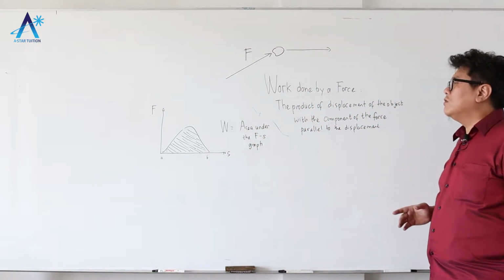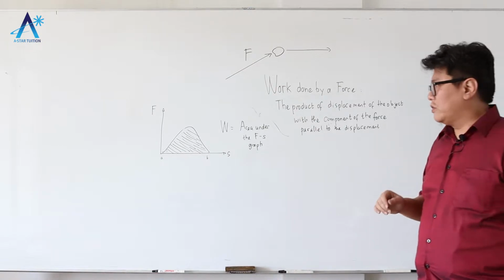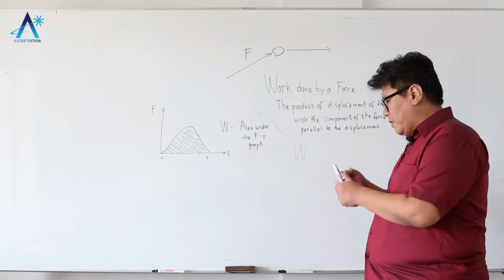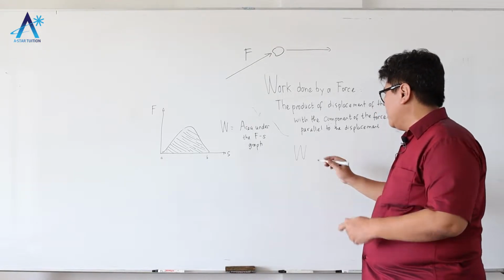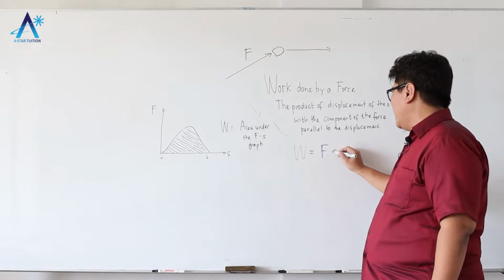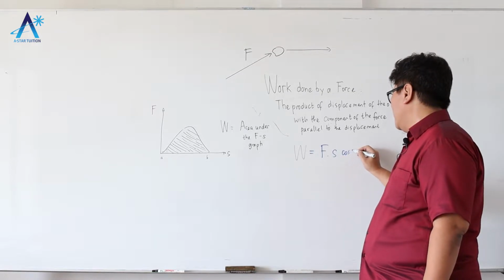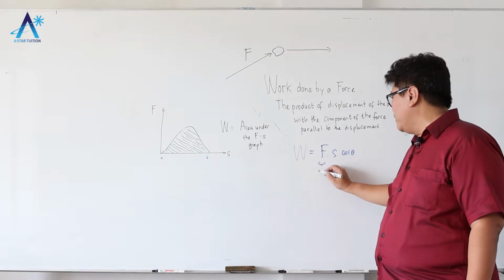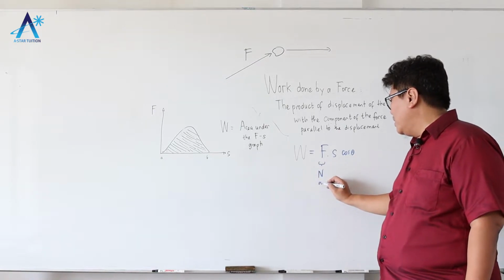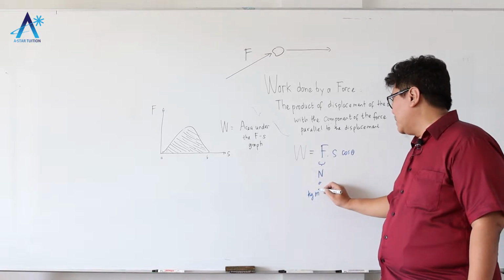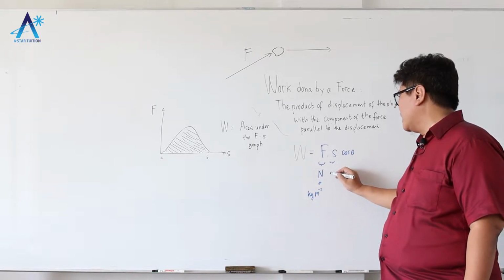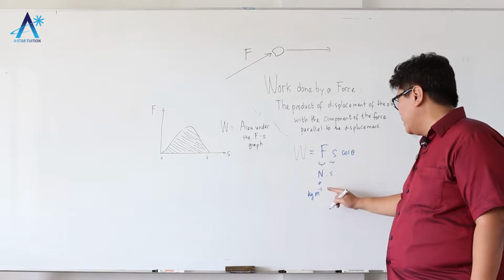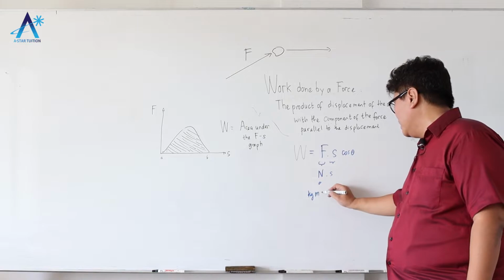Now, I also want to mention the unit used for work done. Remember, this is how you define the work done: force times S cos theta. Cos theta itself has no unit, but force has a unit of Newton, or kilogram meter second minus 2.